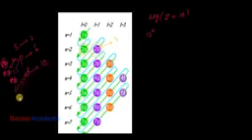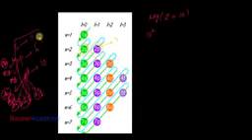Because D splits into 5 orbitals: dxy, dyz, dxz, dx square minus y square, dz square. Each orbital can have a maximum of 2 electrons: 2, 4, 6, 8, 10. So D can have a maximum of 10 electrons. Remember this, and writing down the electronic configuration will be a cakewalk for you.